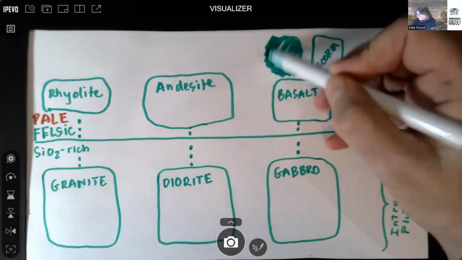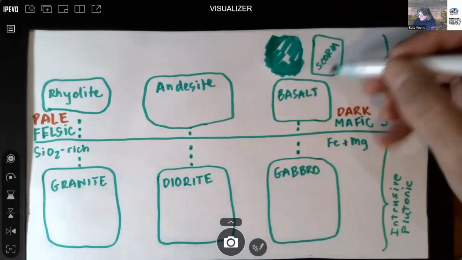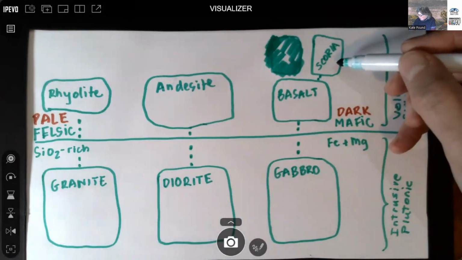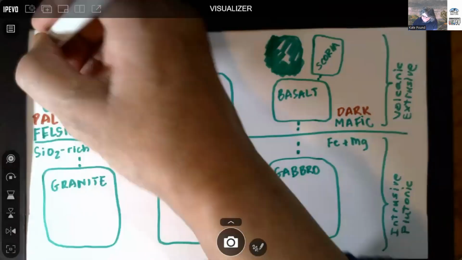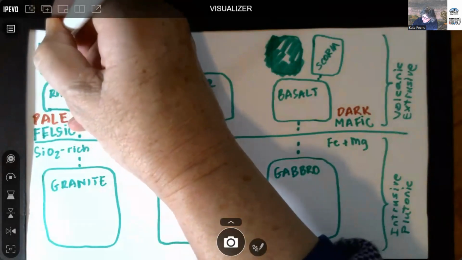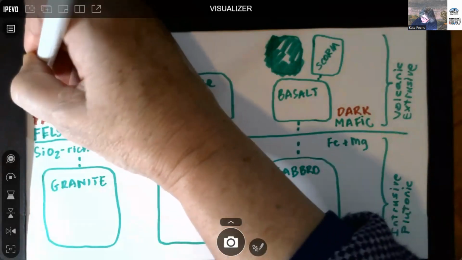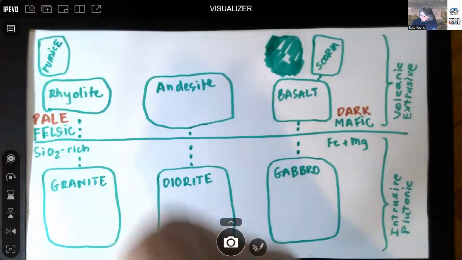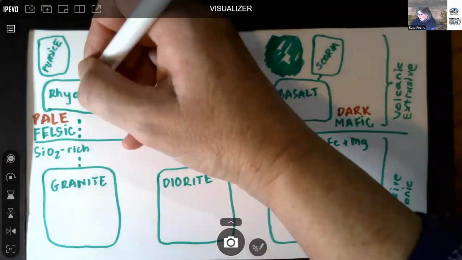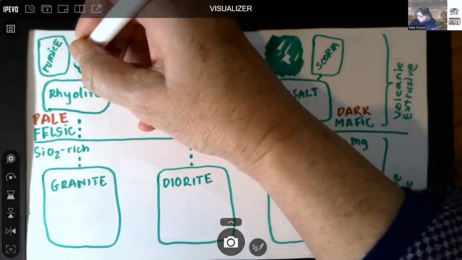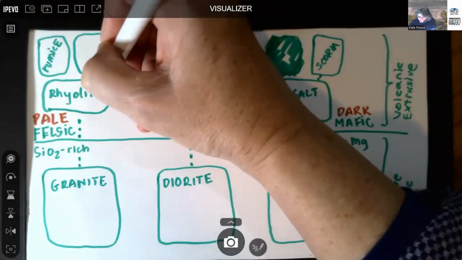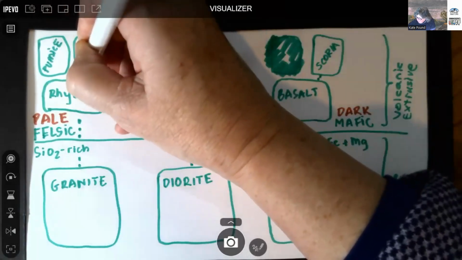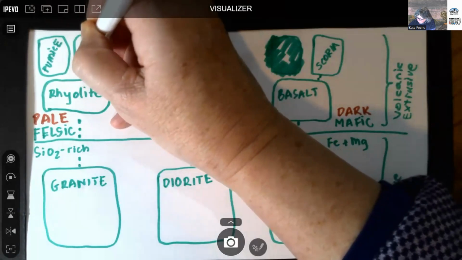I've made an error there. If the basalt has little air bubbles in it, we call it scoria. If a rhyolite has air bubbles in it, it is a pumice. And if the rhyolite cools so quickly that it makes volcanic glass, it is obsidian.